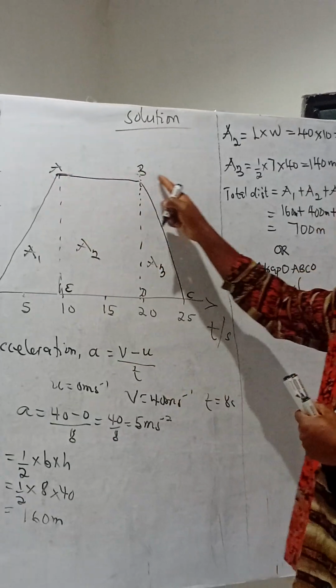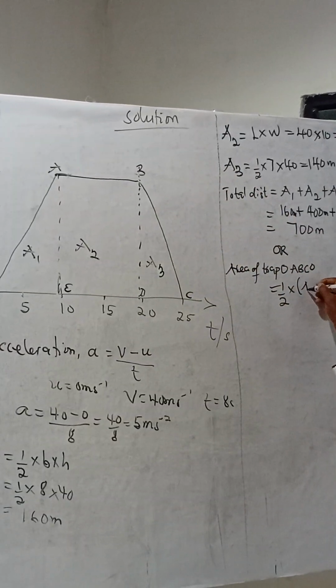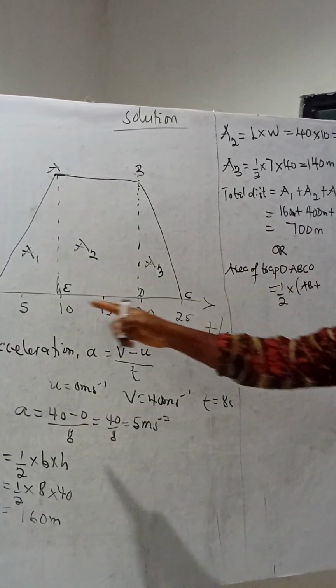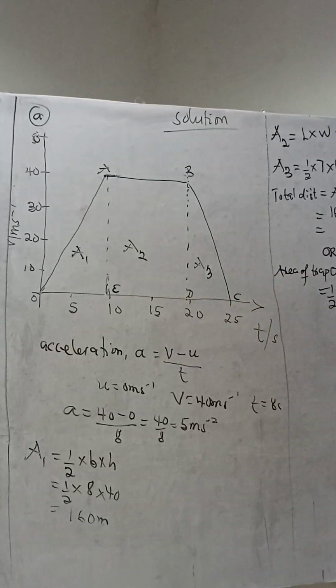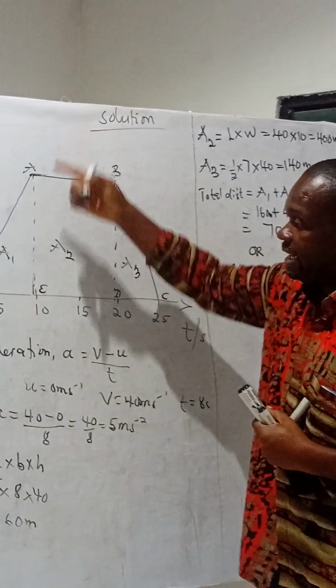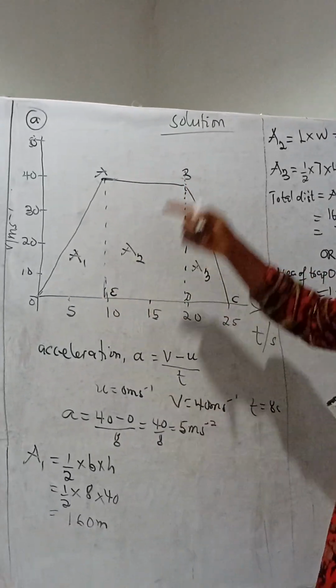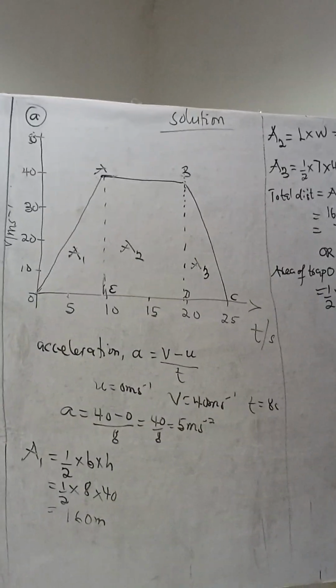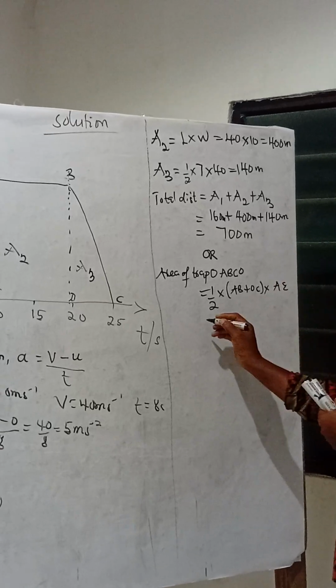The parallel sides are AB plus OC, times the height, and the height can be either AE or BD. So let's use AE.